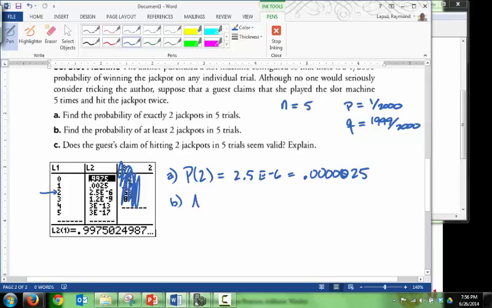At least 2 times. So what does that mean? That means you can win twice, or you can win 3 times, or you can win 4 times, or you can win 5 times. So literally, you would say probability that you win 2 times, plus probability that you win 3 times, plus dot, dot, dot.